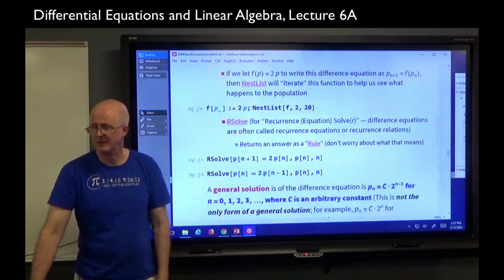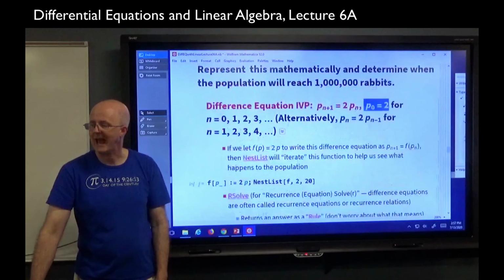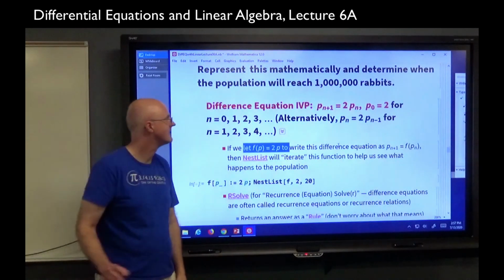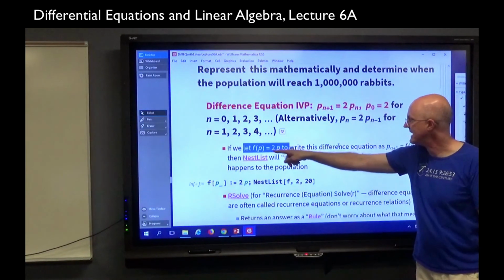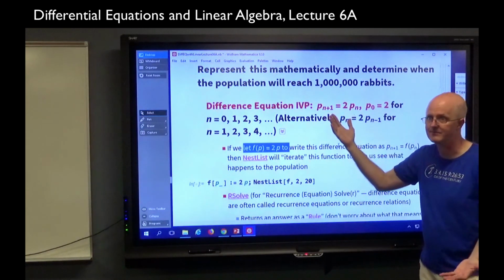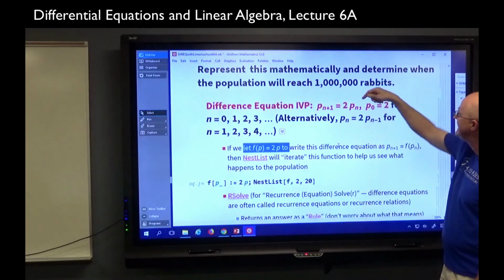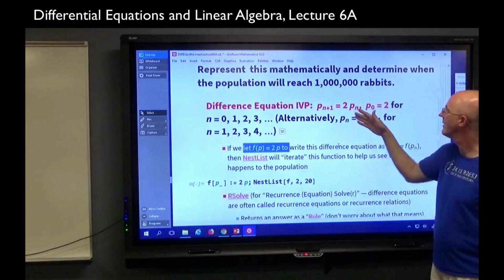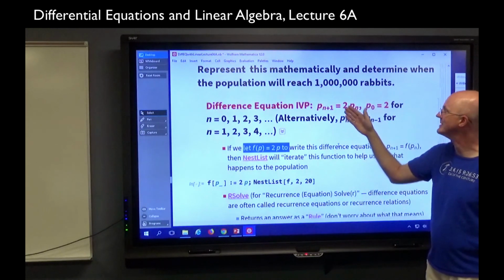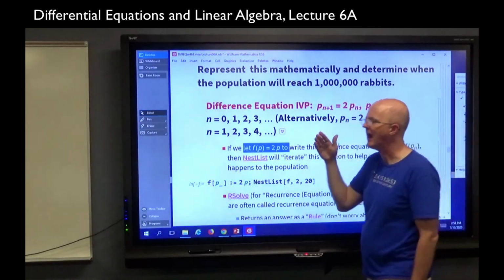Well, there are a few different ways you can do it. We can actually iterate the function that I'm essentially plugging Pn into. F of p equals 2p, or I could have called it f of x equals 2x. 2p or 2x represents the right-hand side of this difference equation, what I'm effectively plugging Pn into to get Pn plus 1. I'm iterating a function.